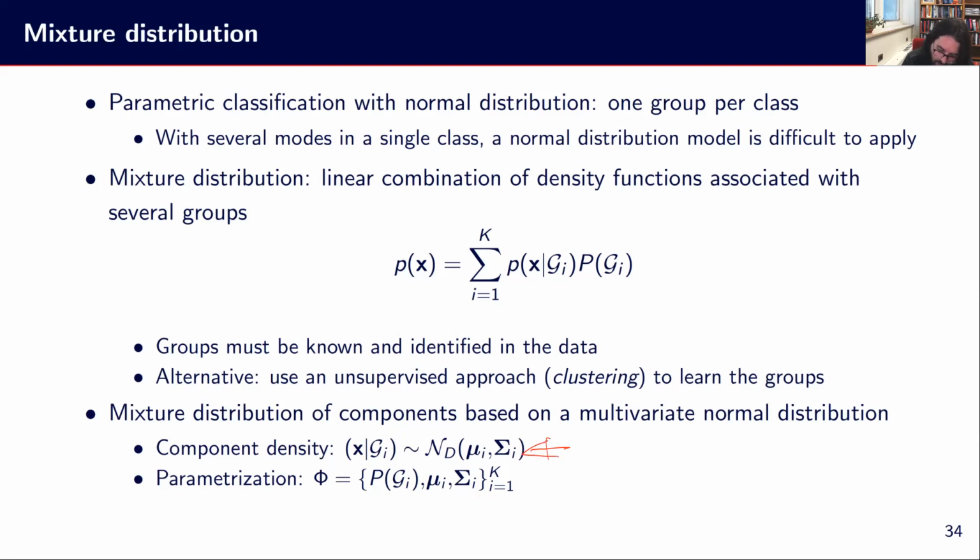And the parameters of that mixture distribution are basically the prior, mean vector, and covariance matrix from group 1 to group K. All packed together, so these three elements, this parameterization of one component is put together with the parameterization of the other components. So we have K components, plugging them together, we have the complete parameterization of our mixture distribution.